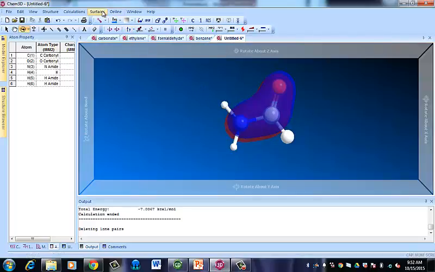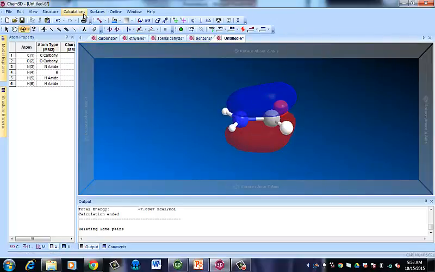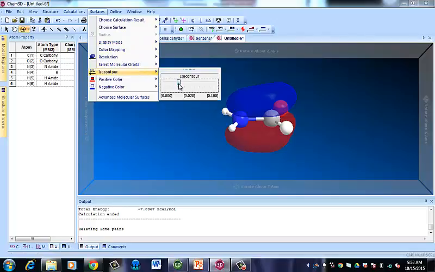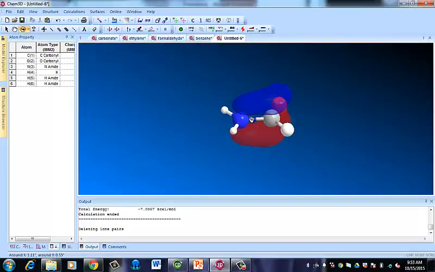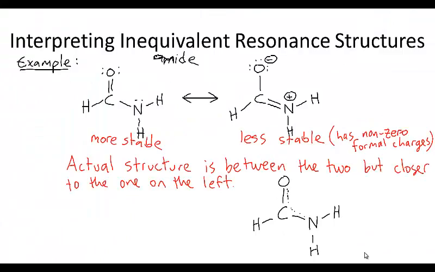But that pi bond is going to lie a little bit more between the carbon and the oxygen than between the carbon and the nitrogen. And that can be hard to see in this picture. Yeah, it's hard to distinguish that, but there is a pi bond that is spread among the three atoms.